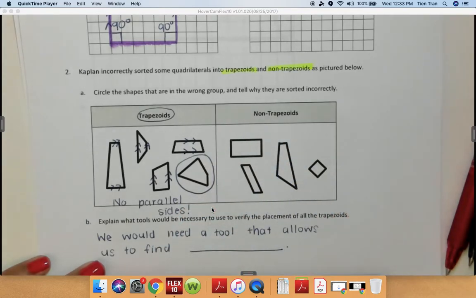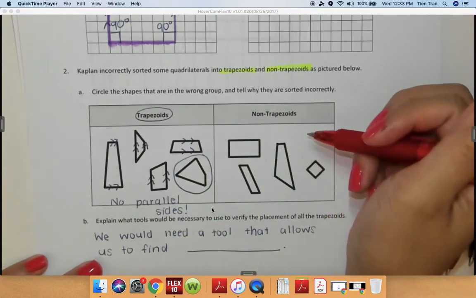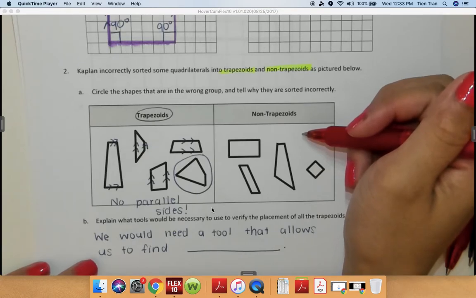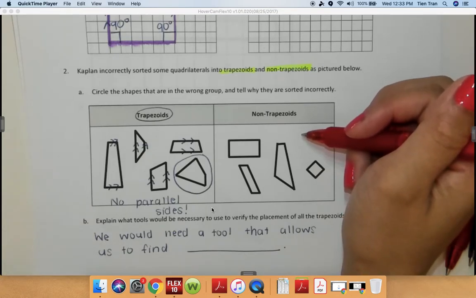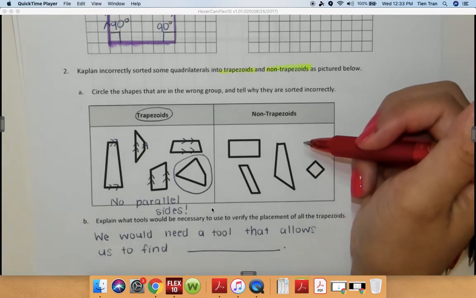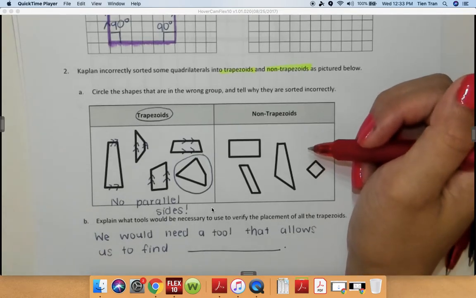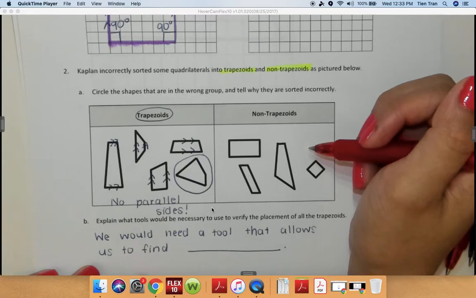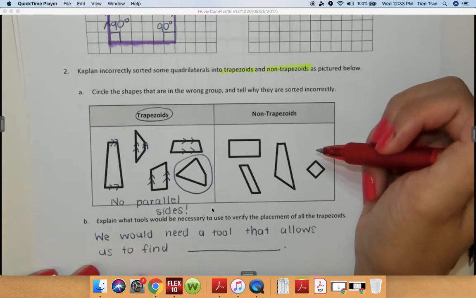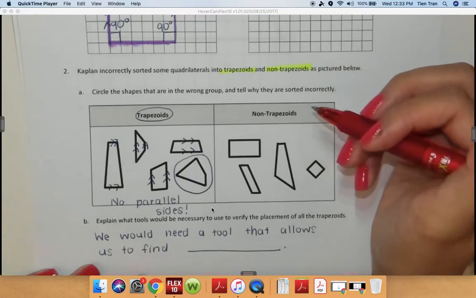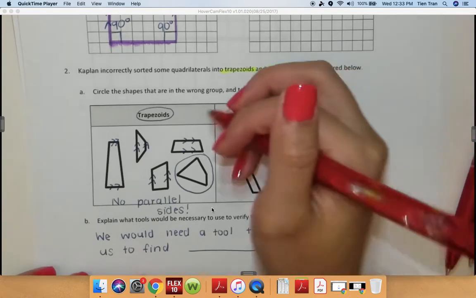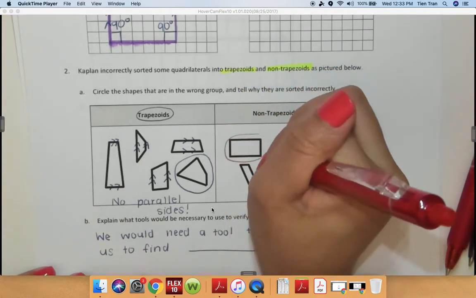Now the non-trapezoids. Non-trapezoids must not have at least one pair of parallel sides. So I'm looking to see which one has parallel sides and which one does not. Okay, I see this one is definitely a non-trapezoid because it's a rectangle.